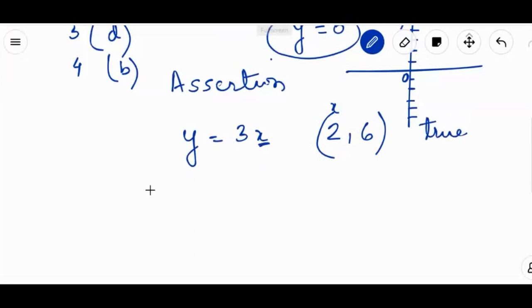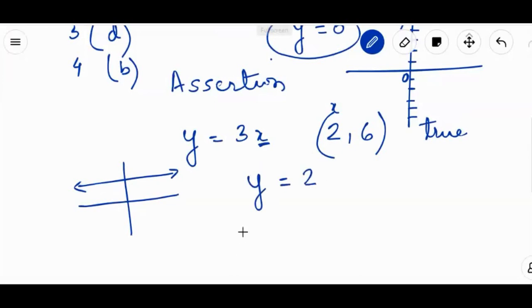Assertion is absolutely right. Now, in the reason they say a line parallel to x-axis. So if you just imagine there is a line which is parallel to x-axis. They are saying that this line parallel to x-axis is y is equals to k. Means k can take any value. Suppose I got y as 2.